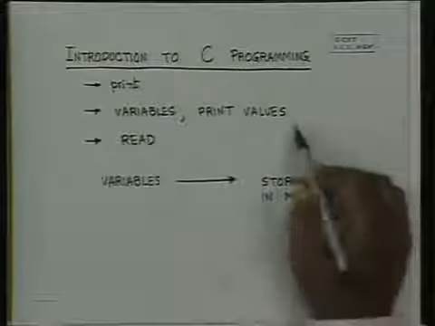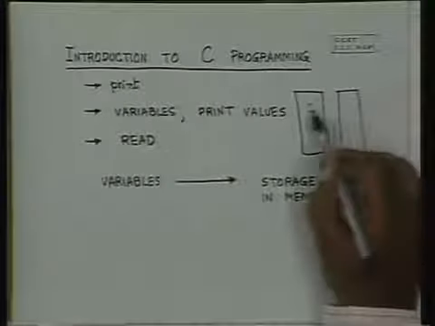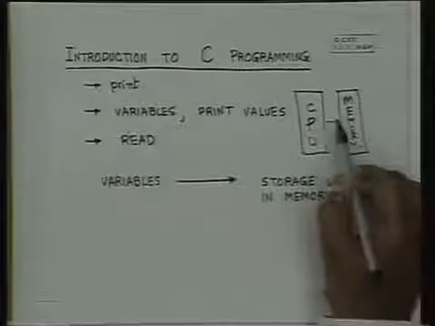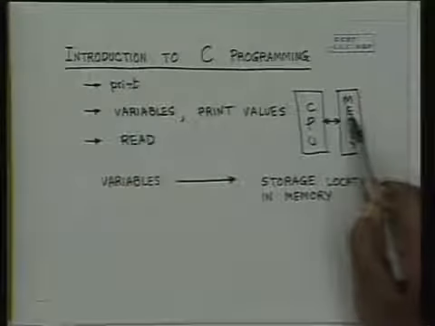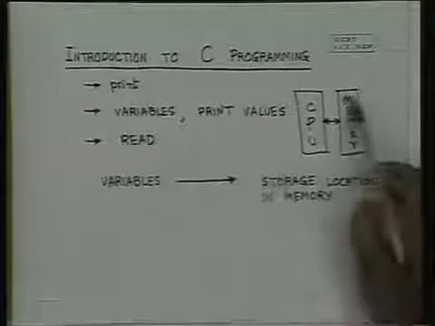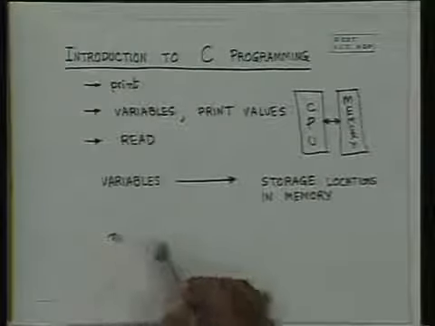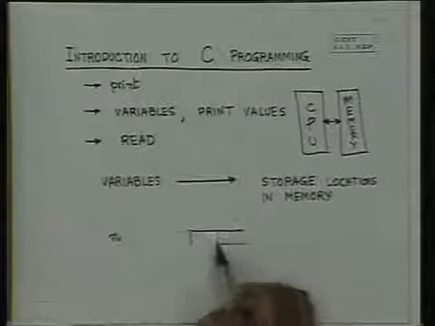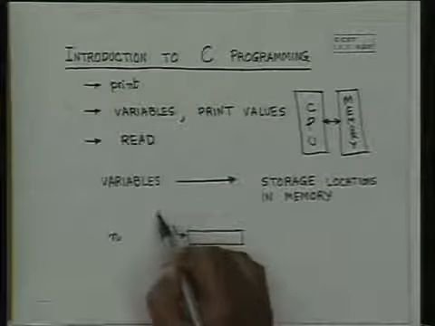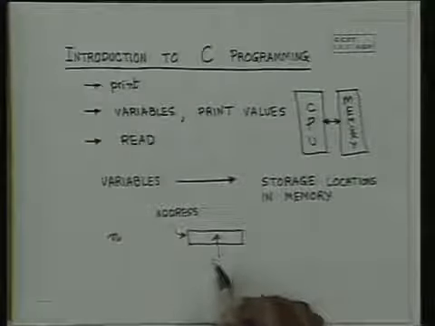So the computer has got the simple von Neumann architecture, which can be looked upon as the CPU and the memory. Here the program as well as the data is stored. Data corresponding to the variables are stored in the memory. So corresponding to every variable n, you have a memory location. Now this memory location has got two items. One is the address of this location, and the other is the value inside this.